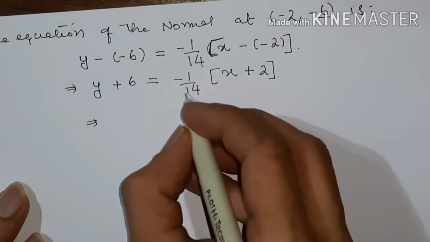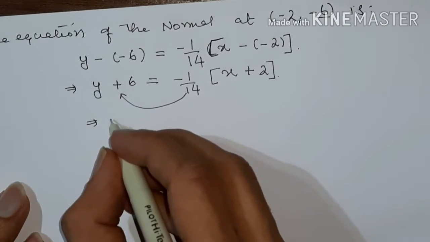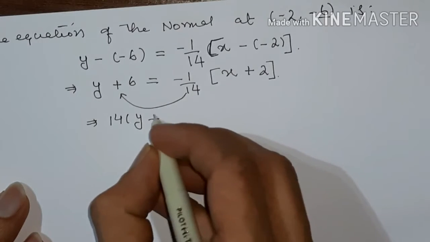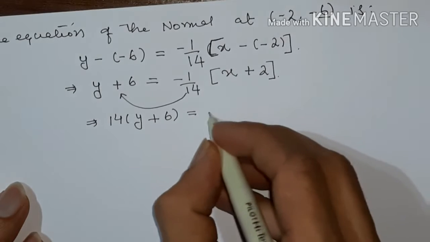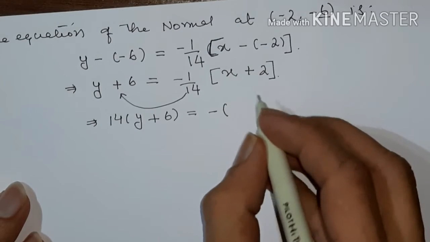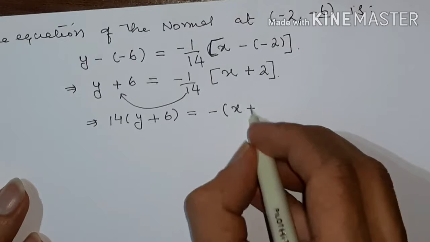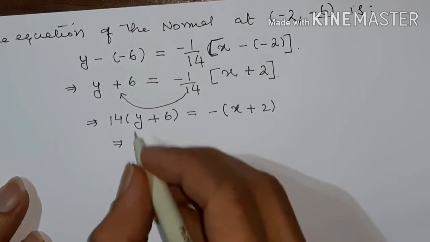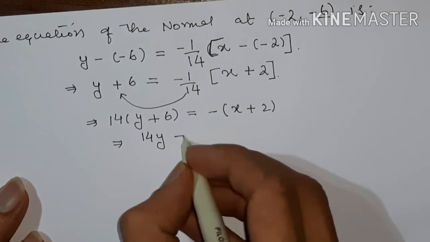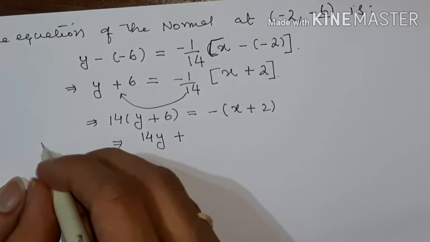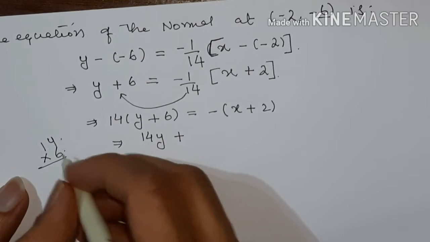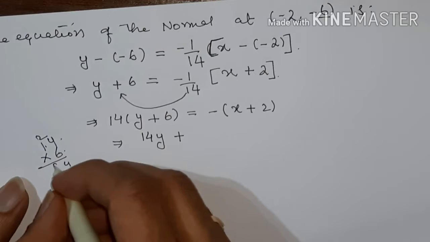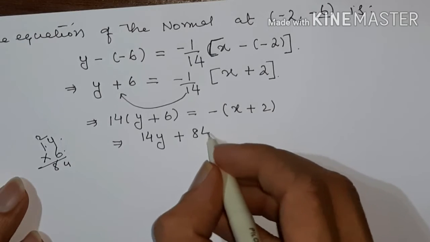So now if I take 14 on this side, I'll get 14 multiplied by y plus 6 equal to minus this x plus 2. So I'll get 14y plus 14 multiplied by 6, that is 84, right? 14 sixes are 84.